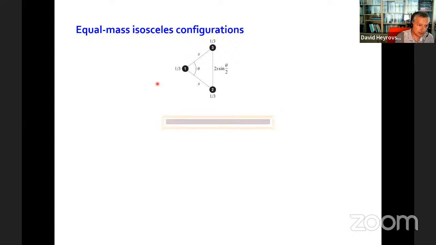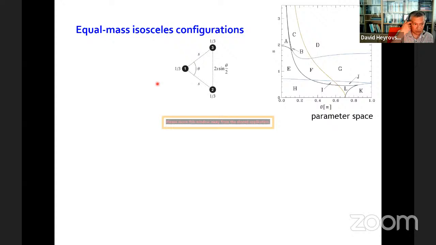And if you do this, again, you do the same procedure. So you find something substantially more complicated. So now, as a function of angle, you have a lot of different regions divided by these boundaries in the parameter space. And there are 1, 2, 3, 4, 5, 6, 7, 12 different areas in parameter space.